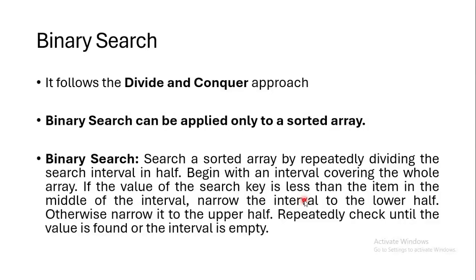Based on this comparison, it eliminates half of the elements from further consideration and focuses the search on the rest. We continue this process until the element is found or the search space becomes empty. This is why binary search is much faster than linear search for large sorted databases.